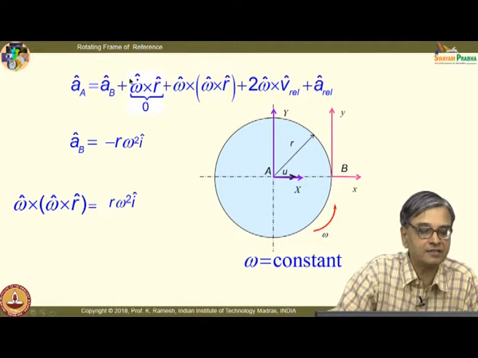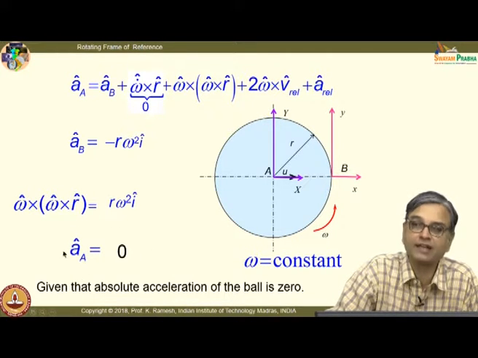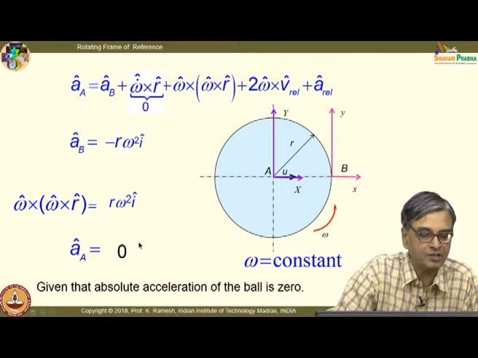And I have omega dot cross r is 0, because omega dot is 0, and we also have omega cross omega cross r, that is r omega squared i, and we also have in the problem statement that there is no acceleration in the horizontal direction. So, A equal to 0.